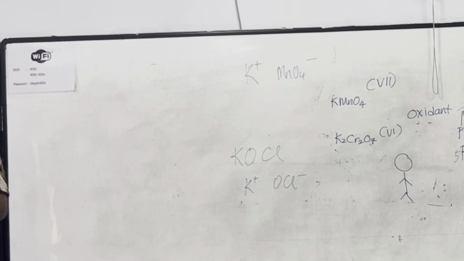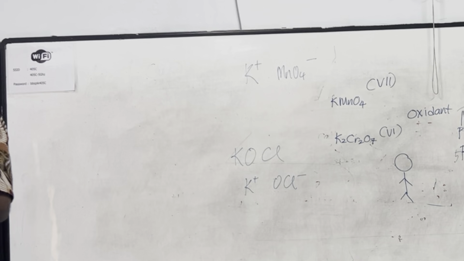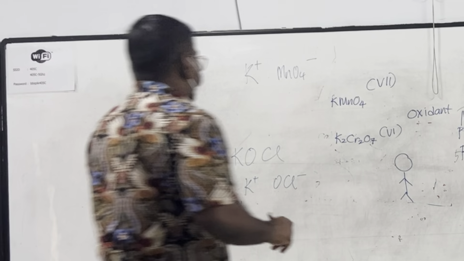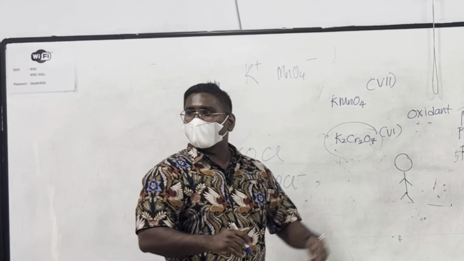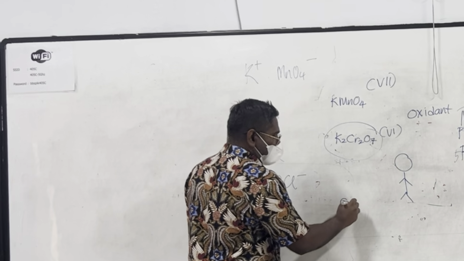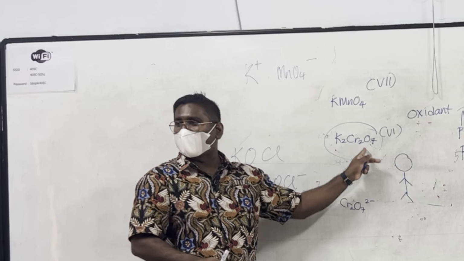Now your work, I have shown you for this. Our time is done, right? I've shown you for manganate ion, potassium manganate. This is going to be K2Cr2O7. They will change into Cr2O7 2 minus when you separate.